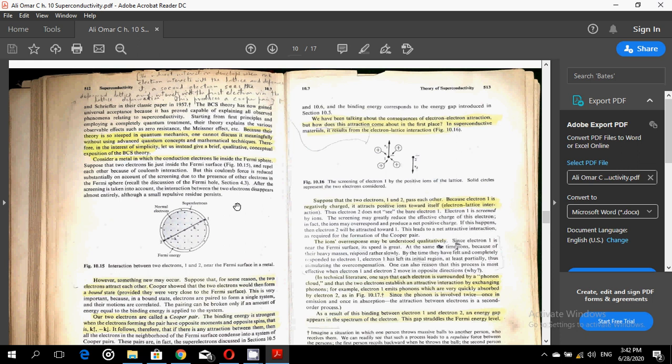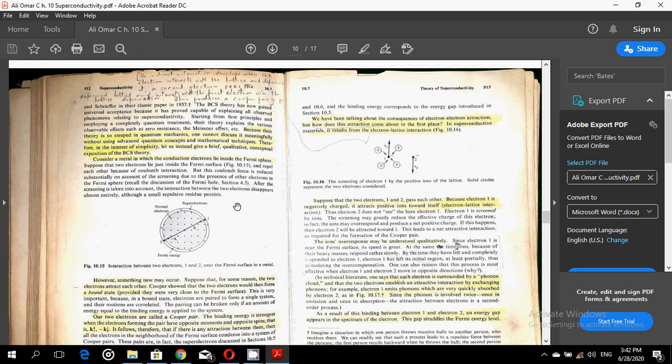Because electron 1 is negatively charged, it will definitely attract positive ions towards itself. And this is the electron lattice interaction. So the electron number 2 does not see the bare electron 1, but it will see this electron 1 along with the lattice surrounding this electron.